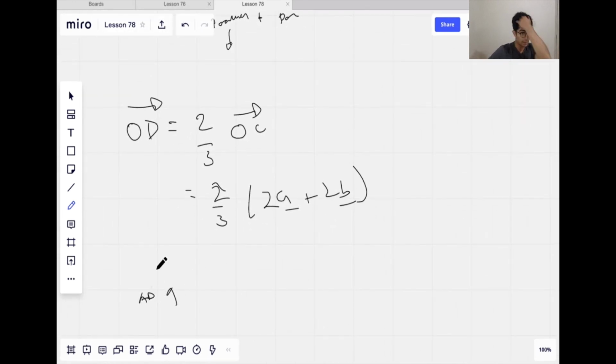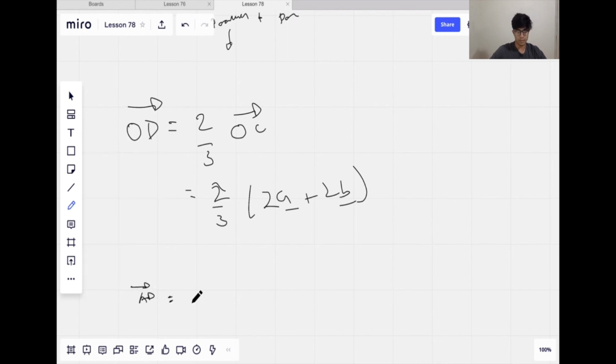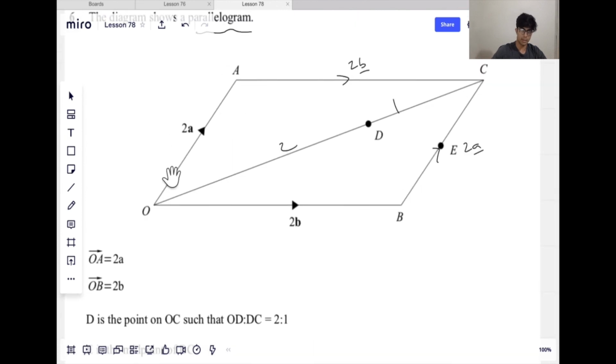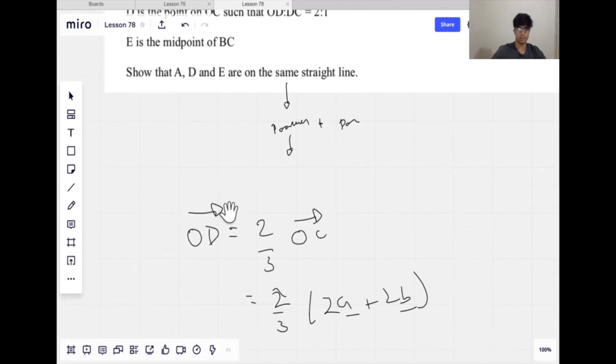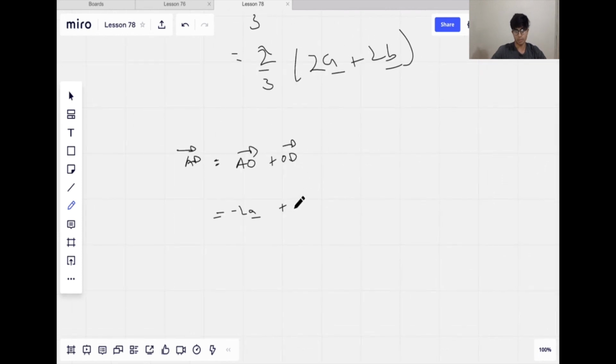So A to D is equal to, if we go A to O, and then O to D. A to O is negative 2a plus this thing up here.